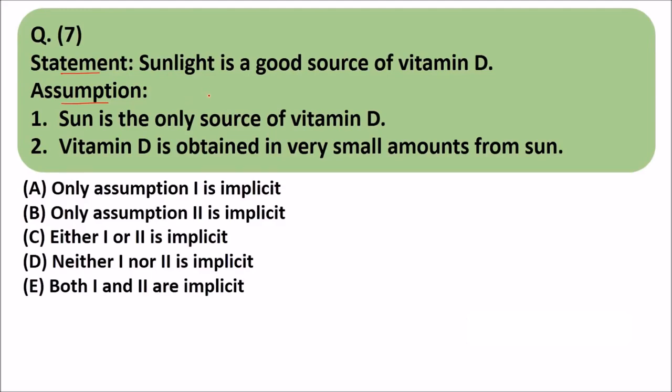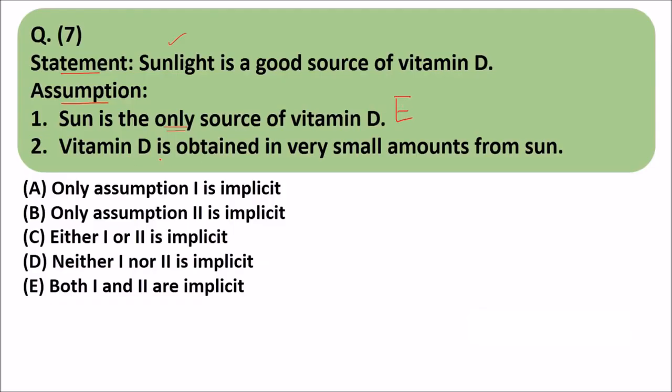They have just said that sunlight is a good source of vitamin D. So this is not that relevant to the statement given. We are assuming something very arbitrarily. This is a general statement and this becomes a specific statement that sun is the only source of vitamin D. So this becomes an explicit assumption.